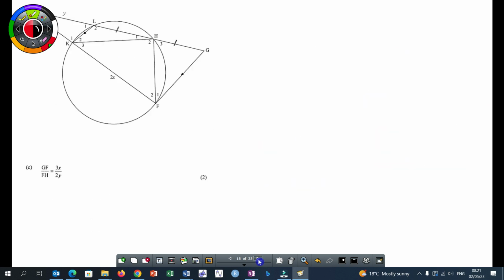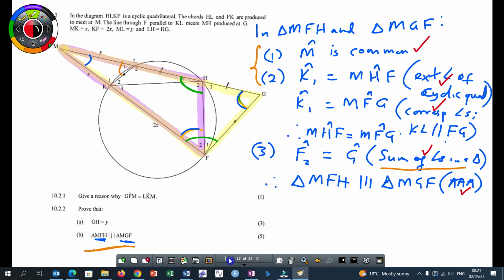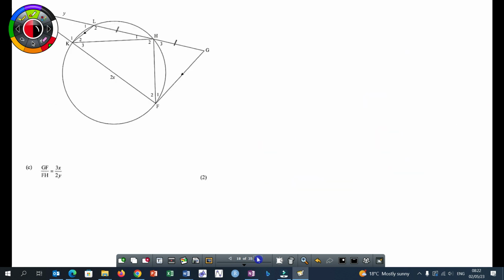Then the next question says we need to prove that GF is equal to FH. Now, usually, in most cases, once you prove that triangles are similar, you need to use that for some of the questions underneath that proof on similar triangles. These questions are not in isolation, they are connected.